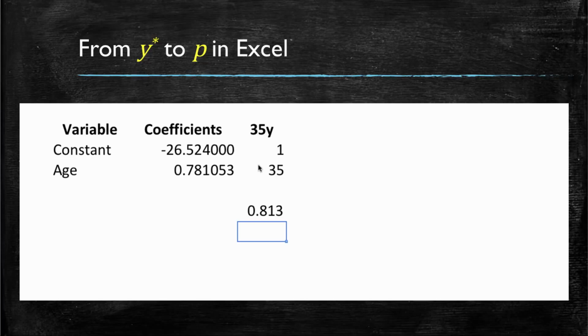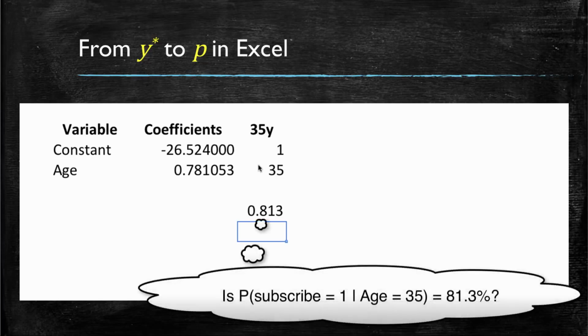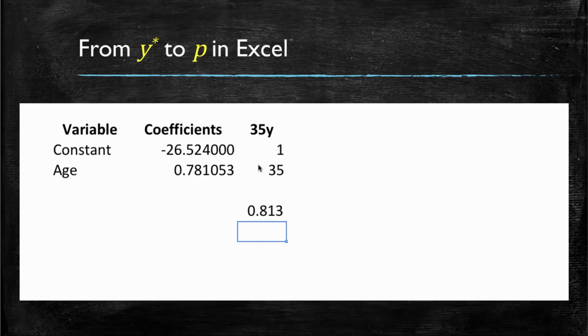I'm going to let you think about this for a second. If you recall, what we get out of the logistic regression is not a probability. It was the term we called y star, which was equal to the log of p divided by 1 minus p.